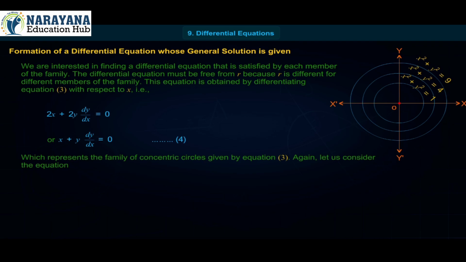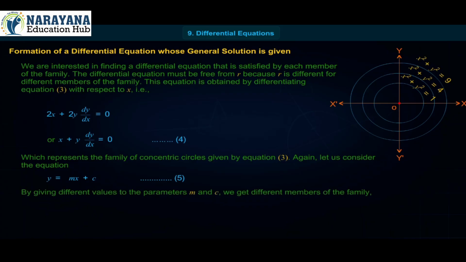Again, let us consider the equation y is equal to mx plus c, equation 5. By giving different values to the parameters m and c, we get different members of the family.